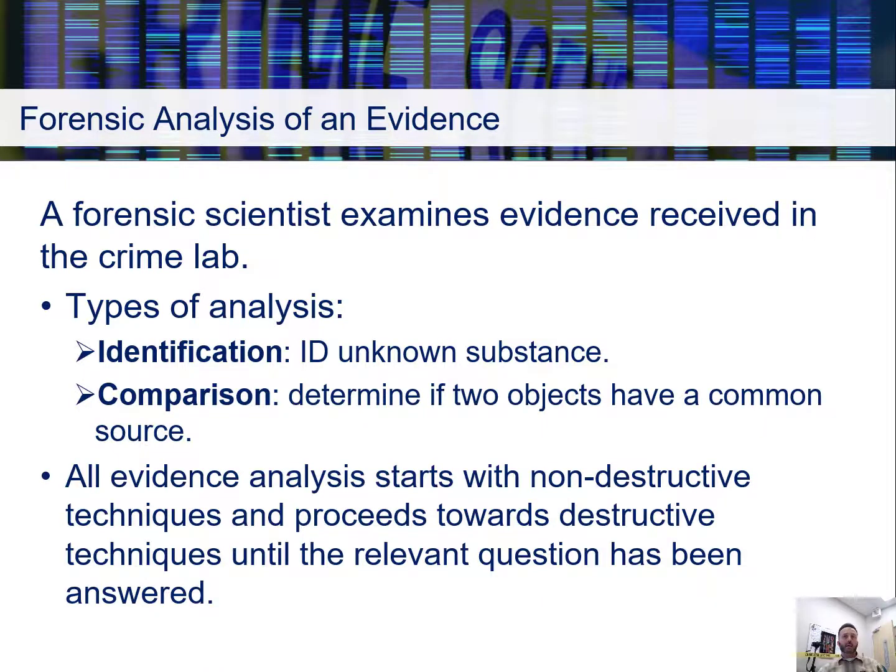After the evidence items from the crime scene arrive at the forensic lab, they will go through a series of examinations in different lab units. The examination of physical evidence by forensic scientists is usually undertaken for identification and comparison purposes.